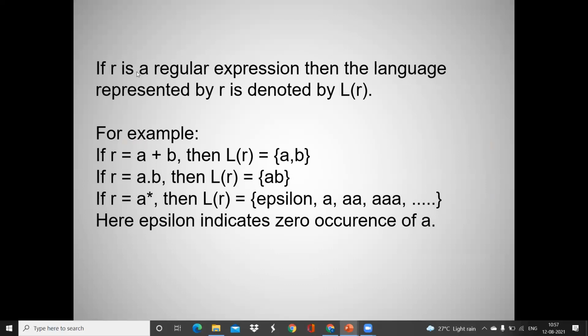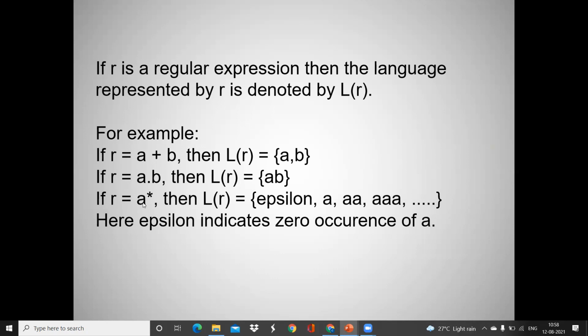Okay, now if R is a regular expression, then the language represented by R is denoted by L of R, the language which is represented by R. So if A plus B is your regular expression, then you can represent the language as A comma B, either A or B. If R is equal to A dot B, then the language it will represent will be AB.